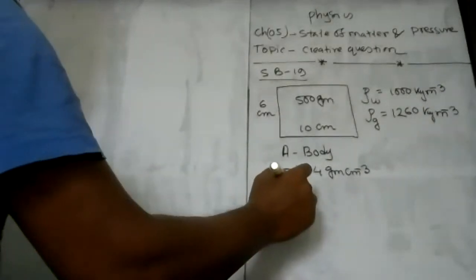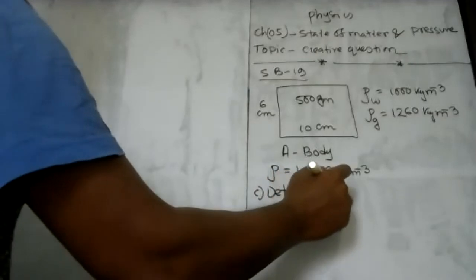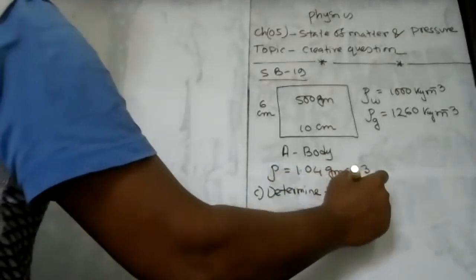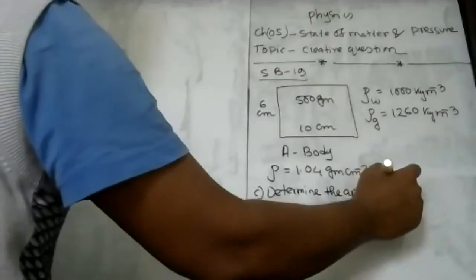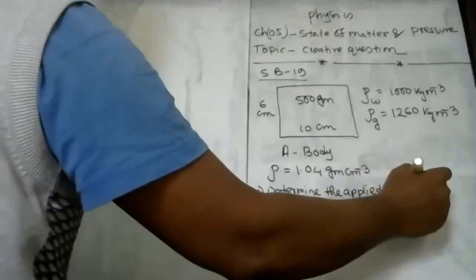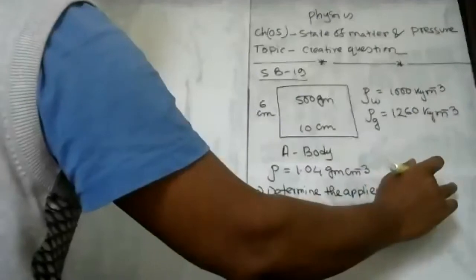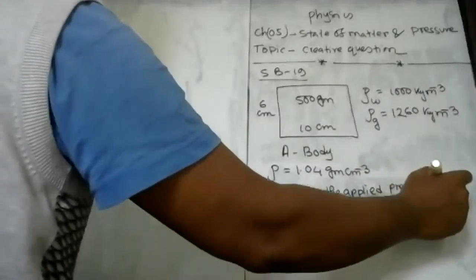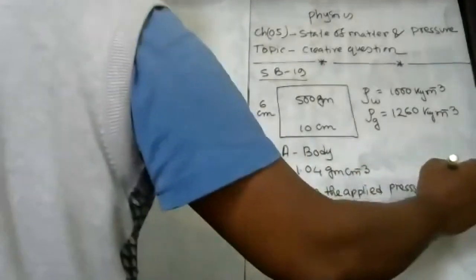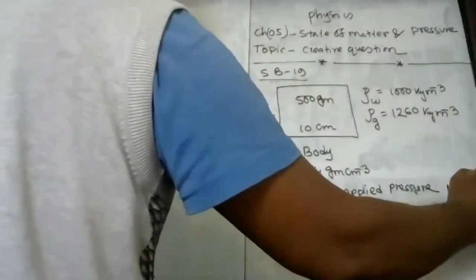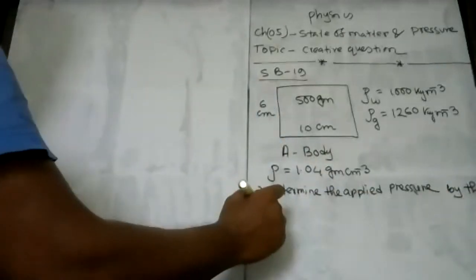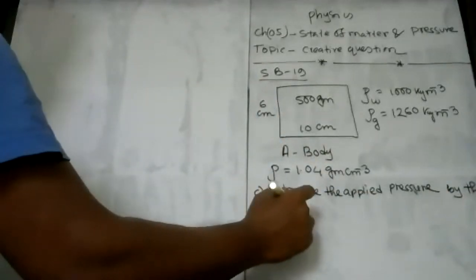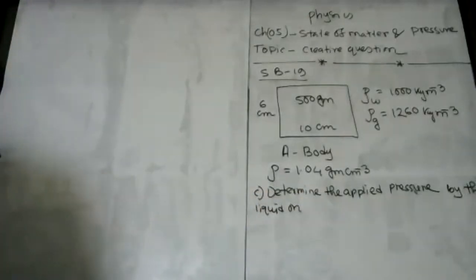Six centimeter is the breadth of this box on the A body.